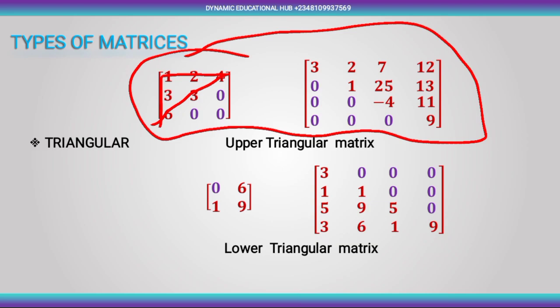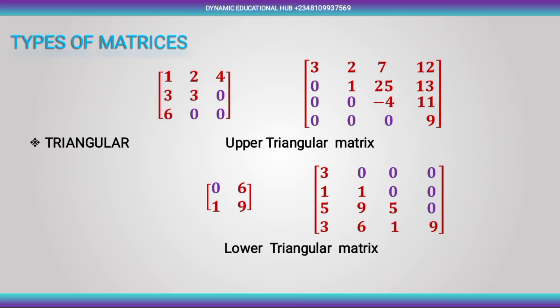Now, triangular matrix is of two types. We have the upper triangular matrix, and then we have the lower triangular matrix. If the non-zero elements are at the upper part of the matrix, we have an upper triangular matrix. For instance, let's look at this matrix here. The non-zero elements form a triangle at the upper part of our matrix. So that makes this an upper triangular matrix.